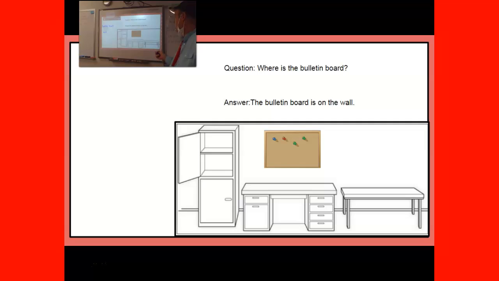This is the wall. And this right here is a bulletin board. Don't confuse these. These are tacks. We call that a tack. But this is a bulletin board. There's one. Yep, there's only one. So it's singular. That's why we use singular is. Everybody okay? Yes.